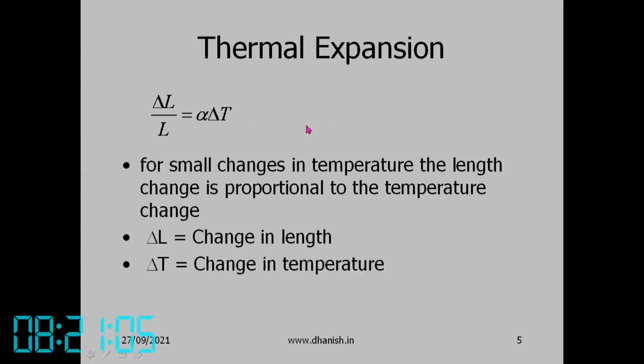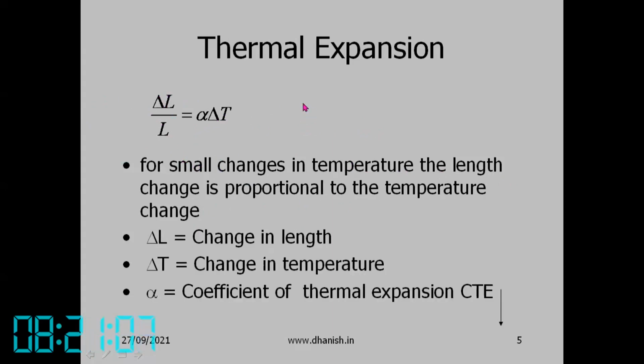Delta L is the change in length, delta T is the change in temperature, alpha is the coefficient of thermal expansion, the proportionality constant, and L is the original length.